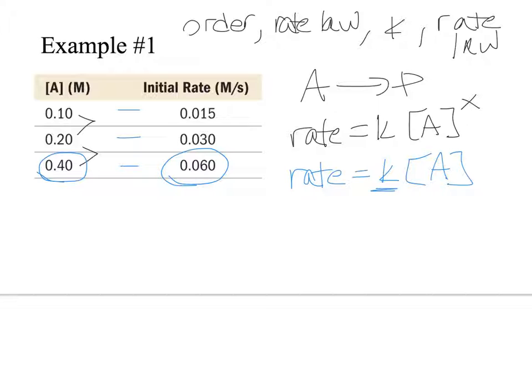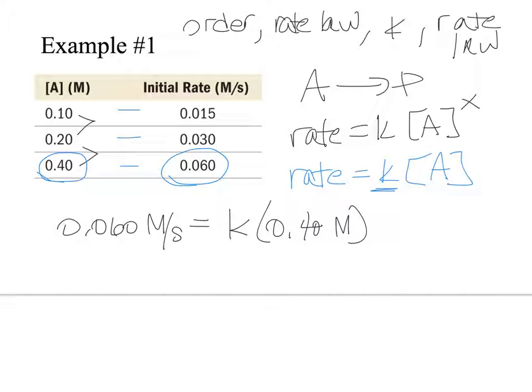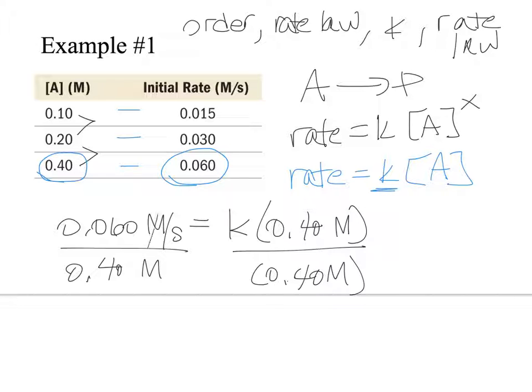So my rate is 0.060 molarity per second is equal to K times 0.40 molarity. Right, and I'm just solving for K, so I'm going to divide both sides by 0.4 molarity. And those molarities will cancel out there.